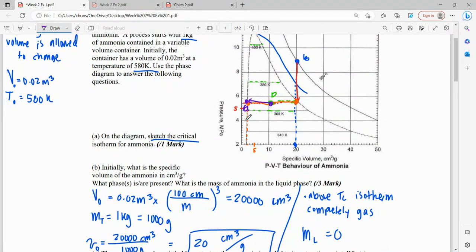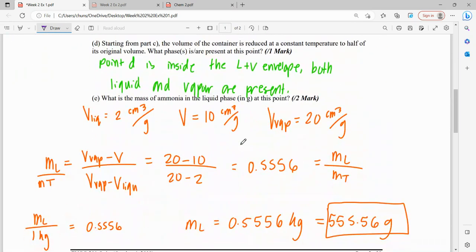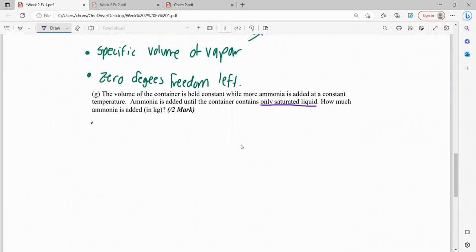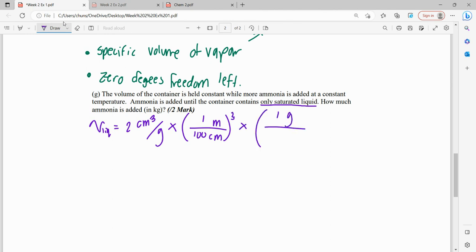And we already know what our specific volume is because that's the same as our V liquid. So let's write that down. Equal to 2 centimeters cubed per gram. And this is equal to, then let's convert our grams.